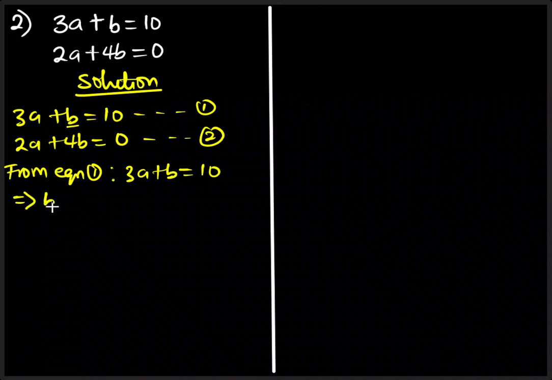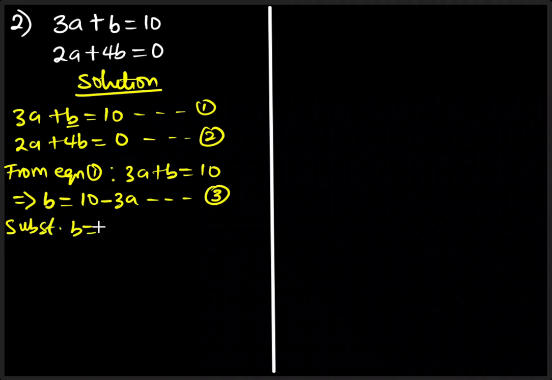This implies that b equal to 10 minus 3a; the plus 3a crosses and turns to minus 3a. So this becomes our equation 3. So what do we do? We substitute b equal to 10 minus 3a into equation 2, and what would that give us?